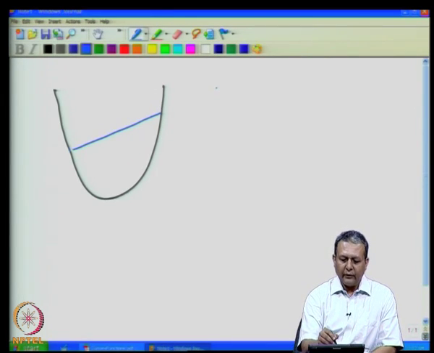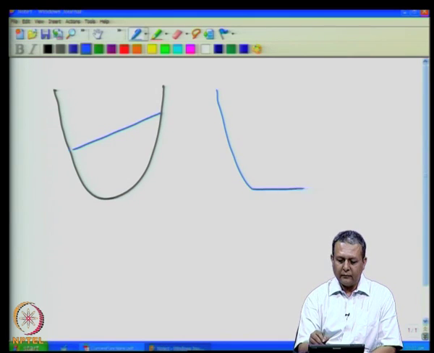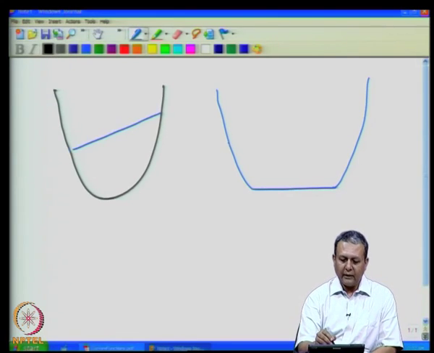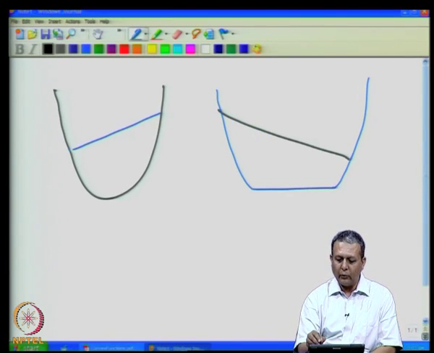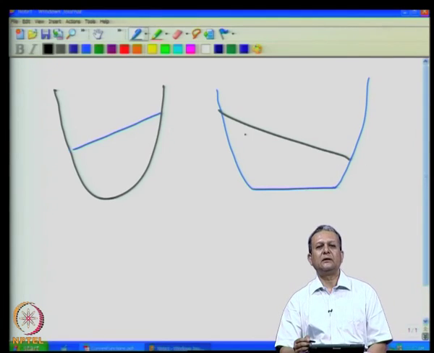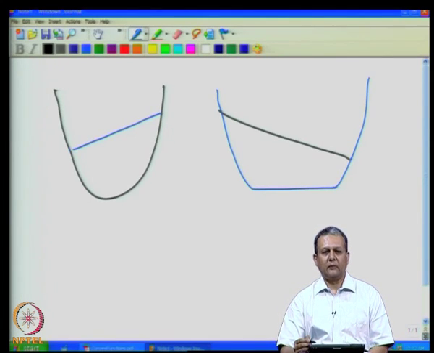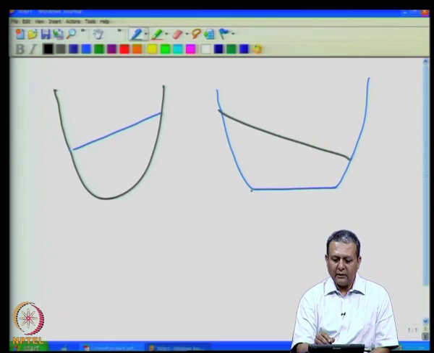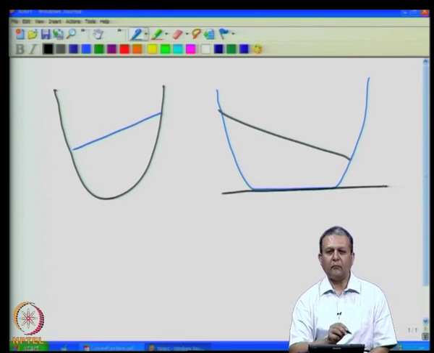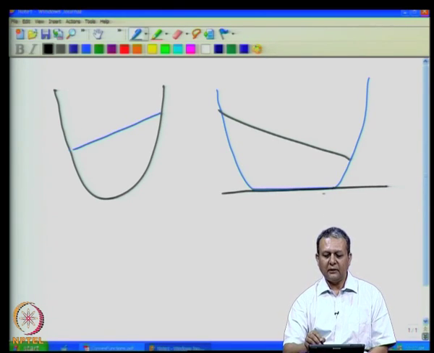Suppose we take a function like this, and then suppose we take a chord joining any 2 points. You will see that the function always lies below this chord. Now, it may so happen that if you take these 2 points and then take a chord joining them, the value of the function is equal to the same value as is obtained using the chord.